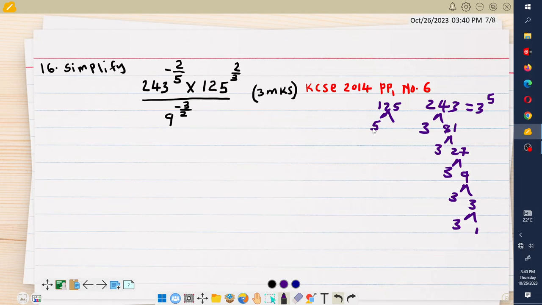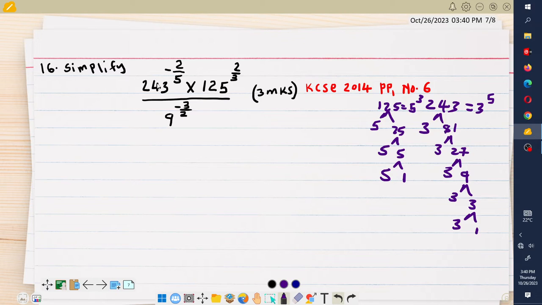If you take 125 divided by 5, you are going to get 25. Then 5 into 25 is 5 times, then 5 into 5 is 1. So that means 125 is the same as saying 5 to the power of 3. Then of course we know that 9 is 3 to the power of 2.